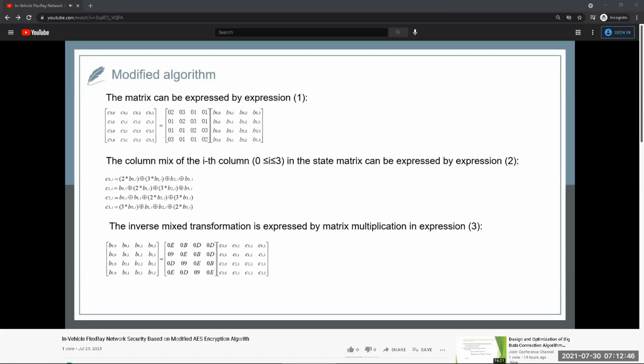And the column mix of the ith column in the state matrix can be expressed by expression 2. The inverse mix column transformation is expressed by matrix multiplication in expression 2.